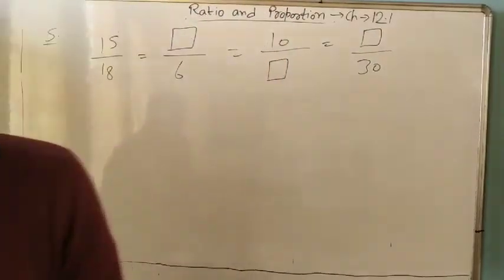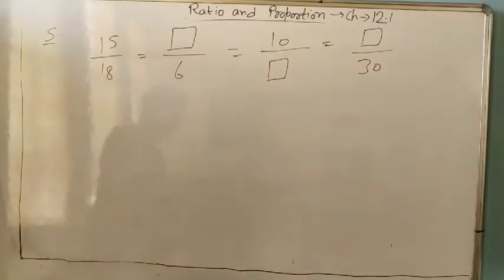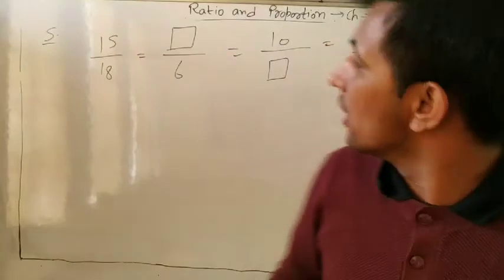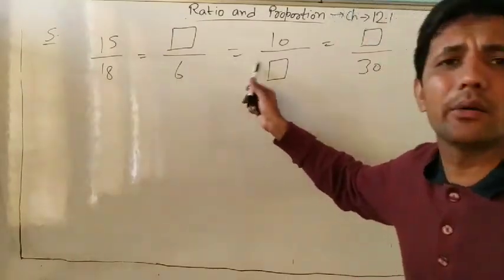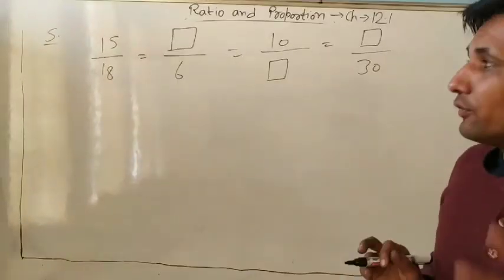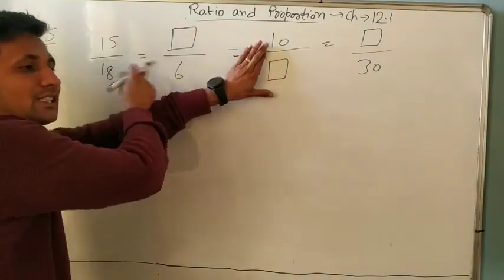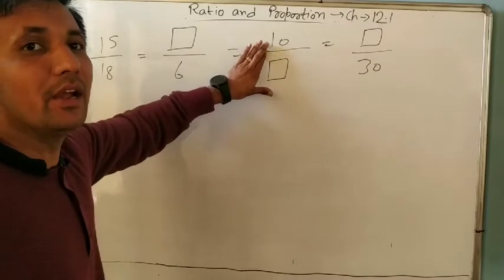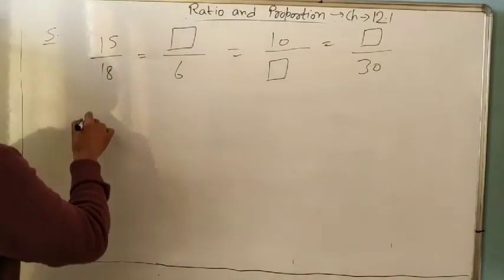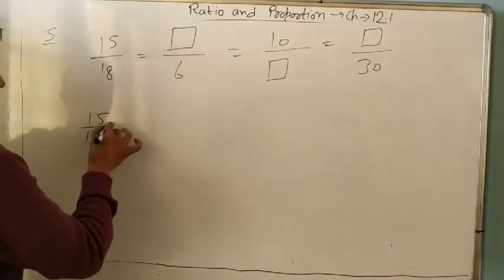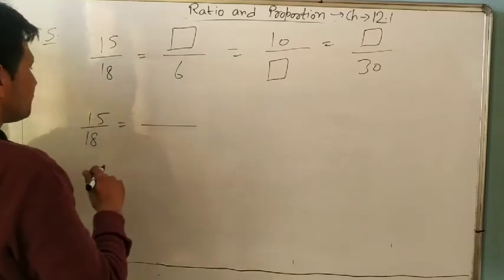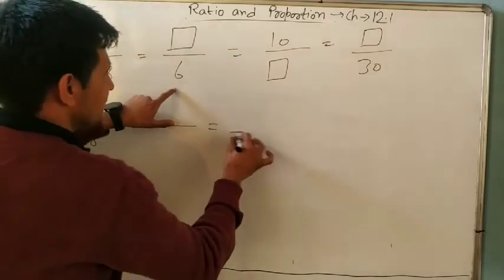And we have to find, are these equivalent ratios? How can we fill? Yes, we observe that all are given equal. These are two fractions, and if two fractions are equal, it means they are equivalent. So tell me, 15 divided by 18, and everyone knows we need here 6.